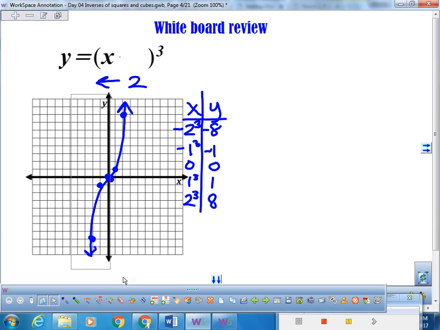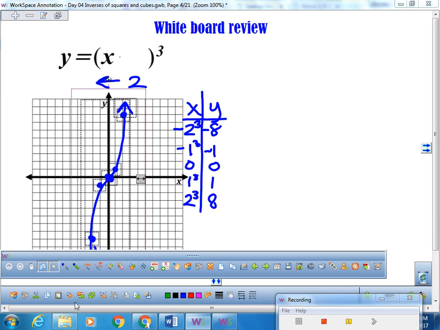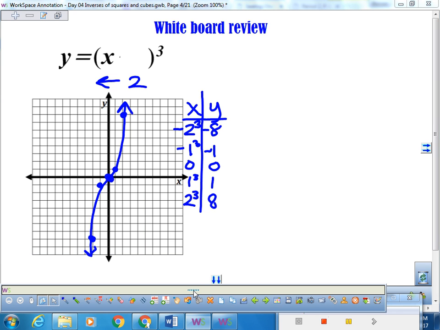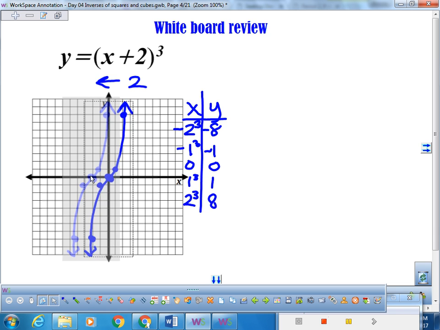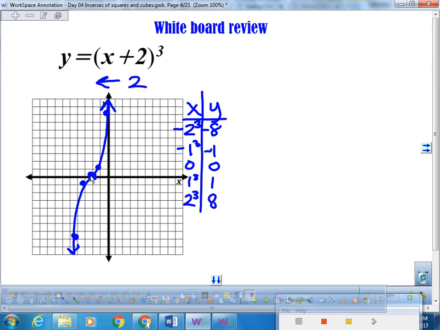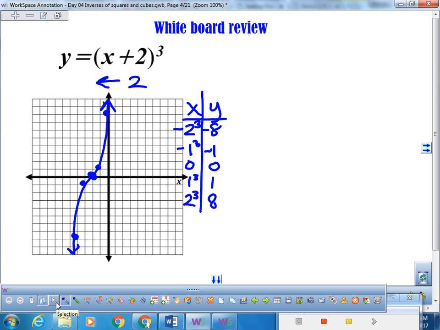Now, do our whiteboard magic. So all I'm doing when I look at this transformation is taking it and shifting it over 2. That's it. Okay? It's the same thing. But do you see that now these points are not my ordered pair anymore? I'm not at 0, 0, right? I'm shifted over 2. But you could use a table of values if you wanted to.